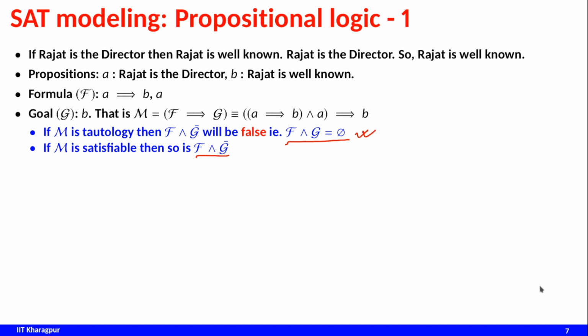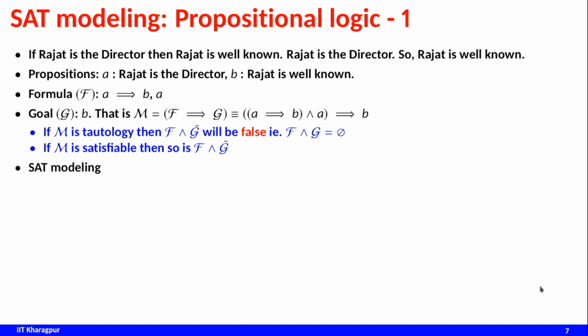We take the negation of G, create the formula, and then check for satisfiability. If I find that it is unsatisfiable, that means it yields false, and then my goal can be derived from the given knowledge base.